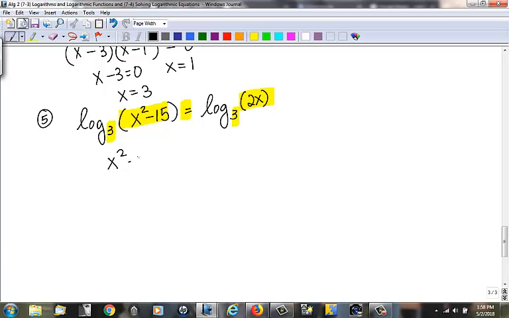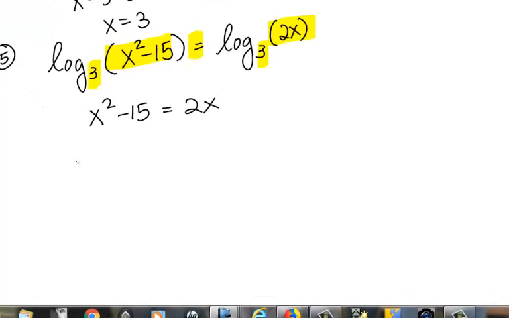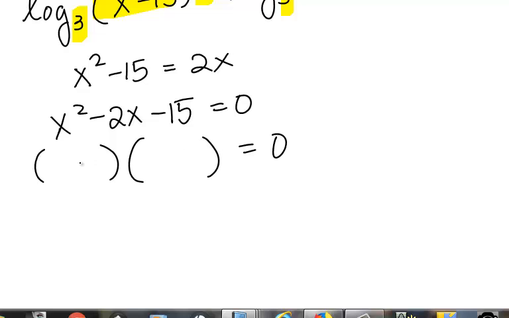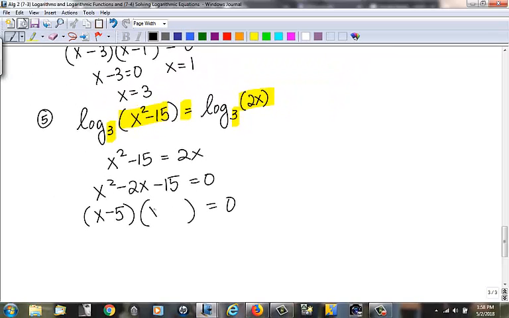So x squared minus 15 has to equal 2x. It's a quadratic. Get it in standard form equal to 0, so subtract 2x. And if you can do that by sight, do it by sight. Is it factorable? Into x minus 5 and x plus 3. So if you set that equal to 0, x equals 5 and x equals negative 3.